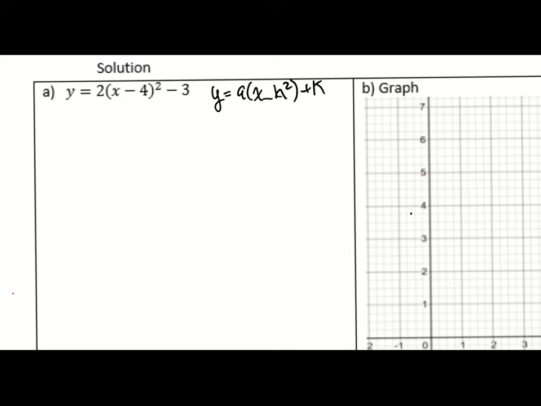Now let me just quickly fix that up there. That didn't come out nice. So we have our minus h squared plus k. So when we take a look at this basic equation, y is equal to 2(x minus 4) squared minus 3, we're going to have to read it from left to right.